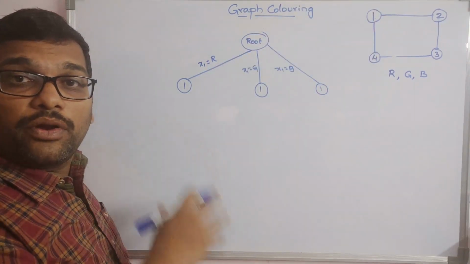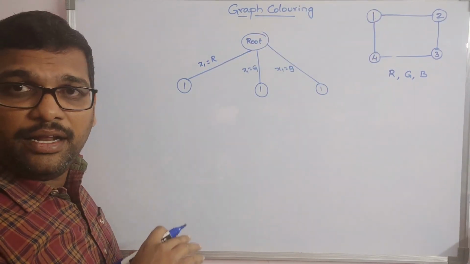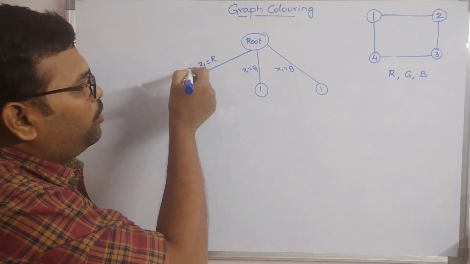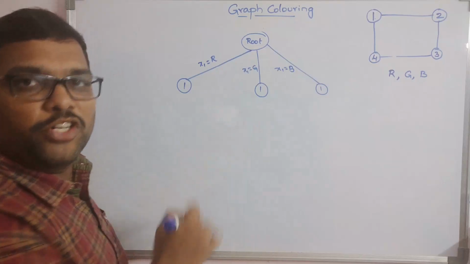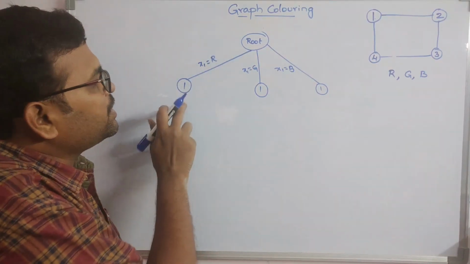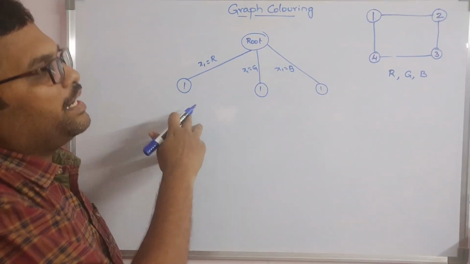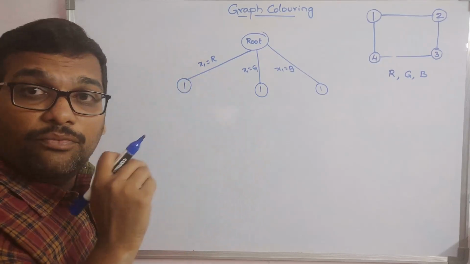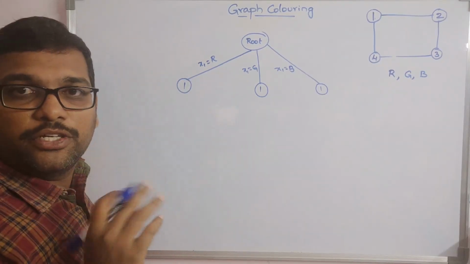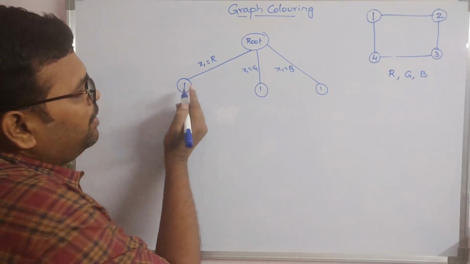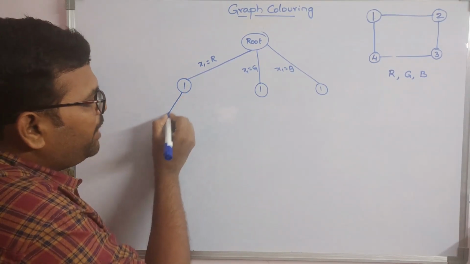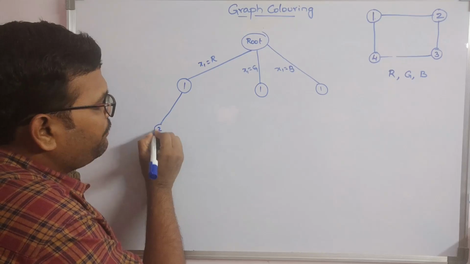We need to write down all the possibilities, right? I'll explain only one possibility, and you can practice the remaining 2. So first consider this one. Always, backtracking works with depth first search, so we need to solve it using depth first search, right? So 1, and from here there are 3 possibilities for filling the second node.